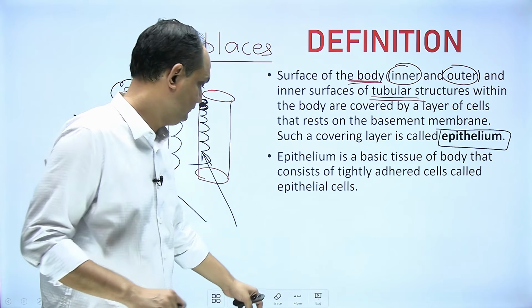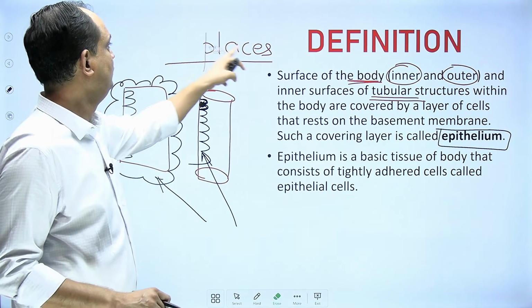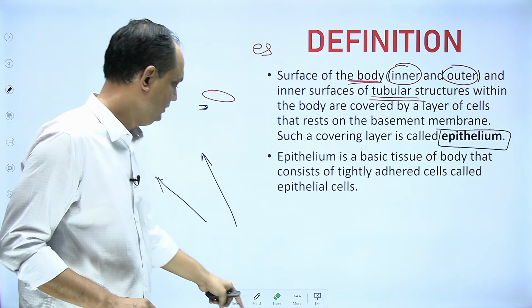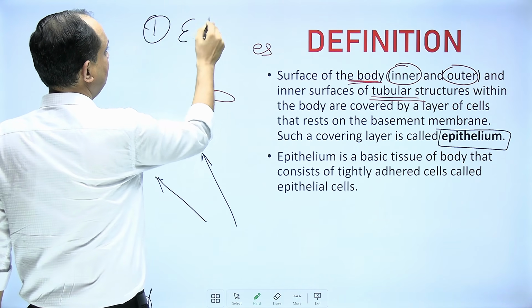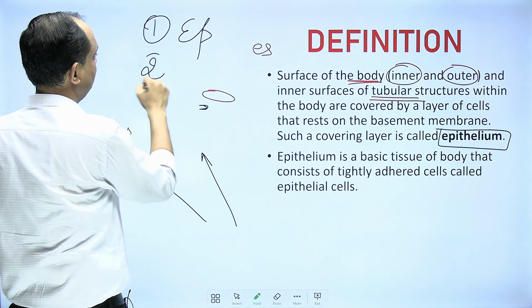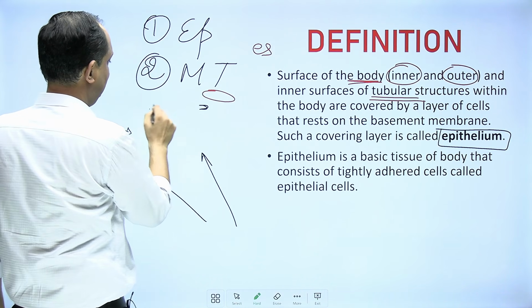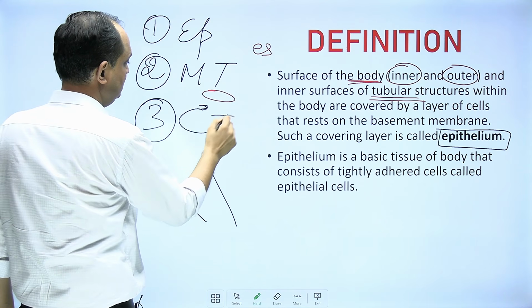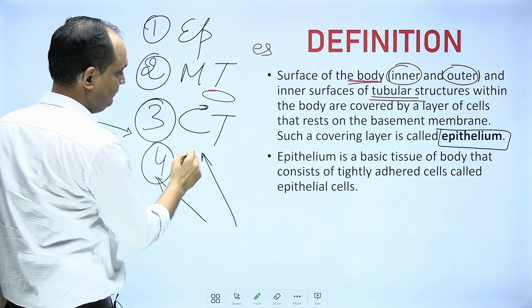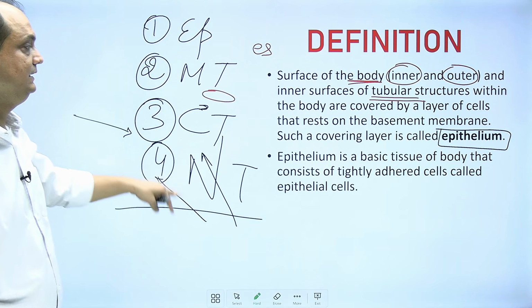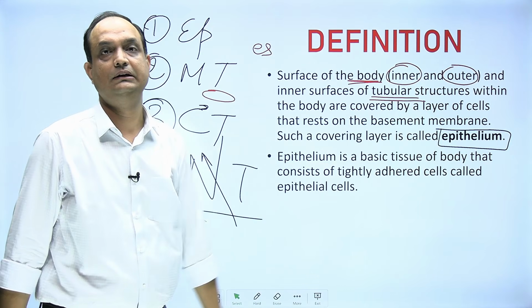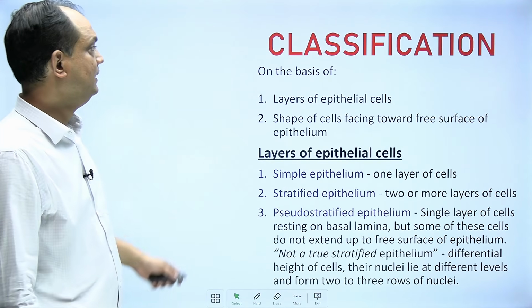You know that there are four basic tissues in the body. What are these four? One is the epithelium, which we are reading today. The second is muscular tissue. Then you have connective tissue, and the fourth one is nervous tissue. Clear? So these are the four basic tissues. Out of the four, today we are discussing the epithelium.